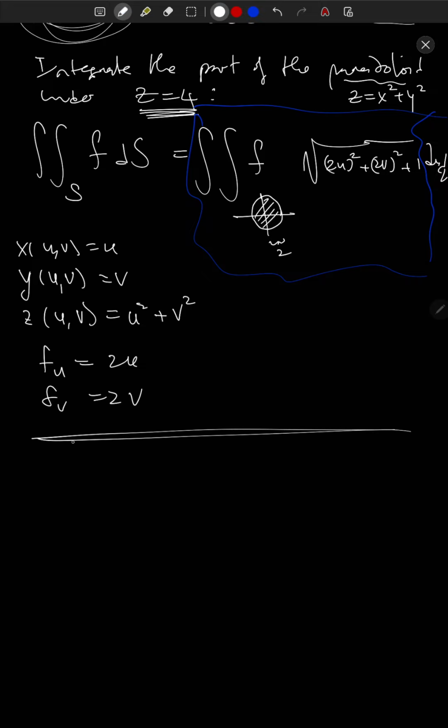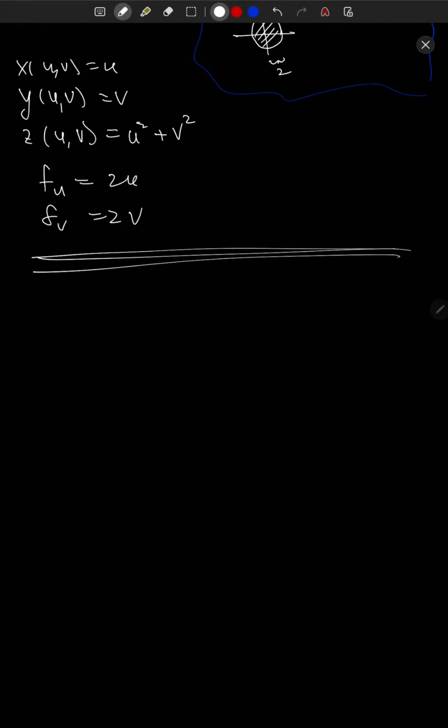So let's do our final subtopic. This whole chapter is called vector calculus, so obviously we want to work with vector fields. Let's say we have a vector field in xyz space.